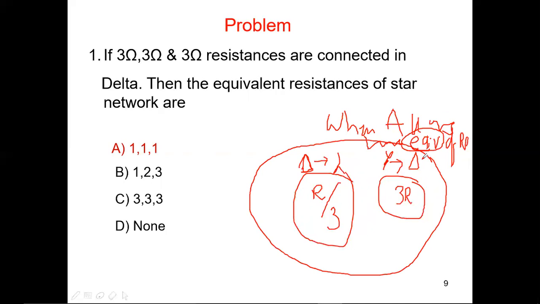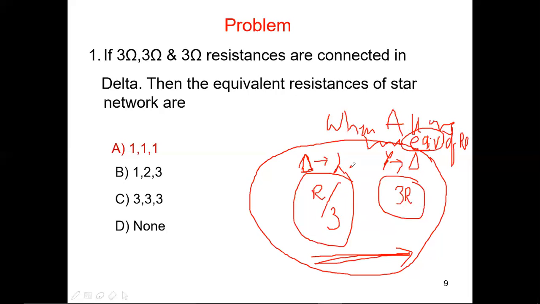Based on this value of resistance, your power factor is going to be decided. Based on this value of resistance, your performance is going to be decided. So this resistance conversion, or this resistance increasing or decreasing, is very important. Based on this, a lot of other factors are going to be affected.